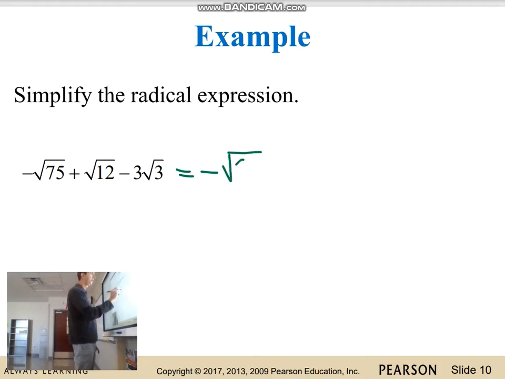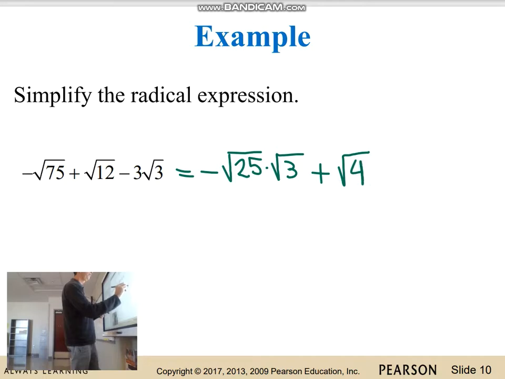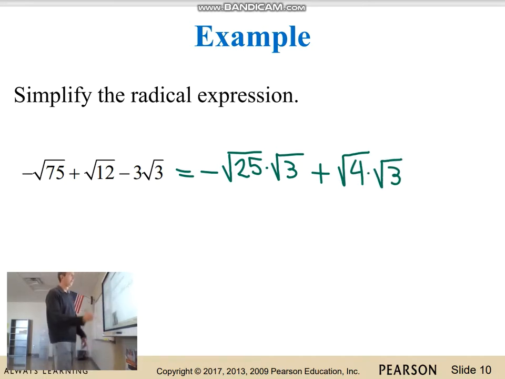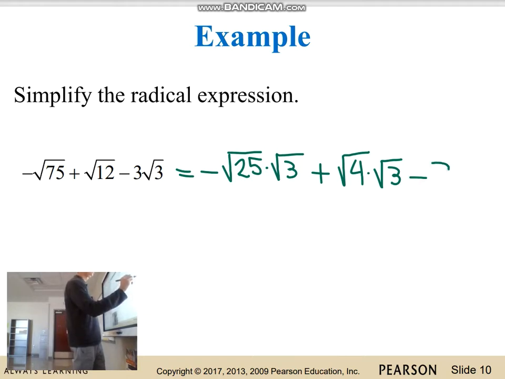Negative square root of 25 times square root of 3. This is 75. Plus 12, this is the square root of 4 times the square root of 3. Correct? And you just repeat minus 3 square root of 3. Cool.